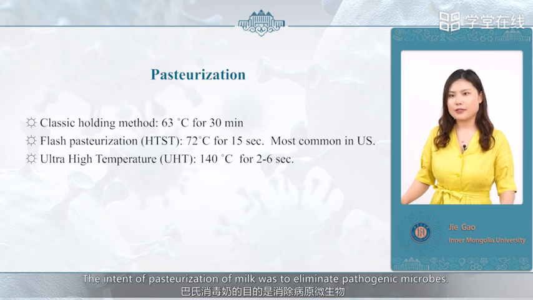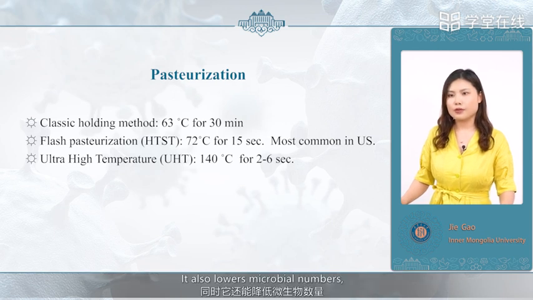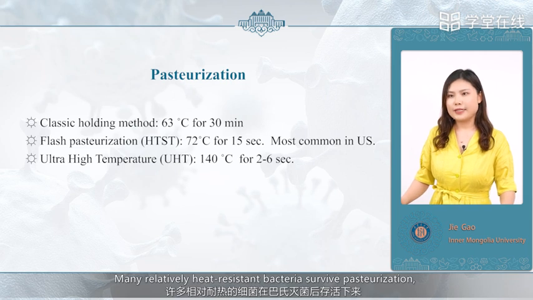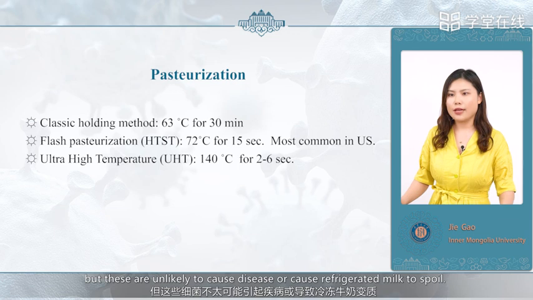The intent of pasteurization of milk was to eliminate pathogenic microbes. It also lowers microbial numbers, which prolongs milk's good quality under refrigeration. Many relatively heat-resistant bacteria survive pasteurization, but these are unlikely to cause disease or cause refrigerated milk to spoil.